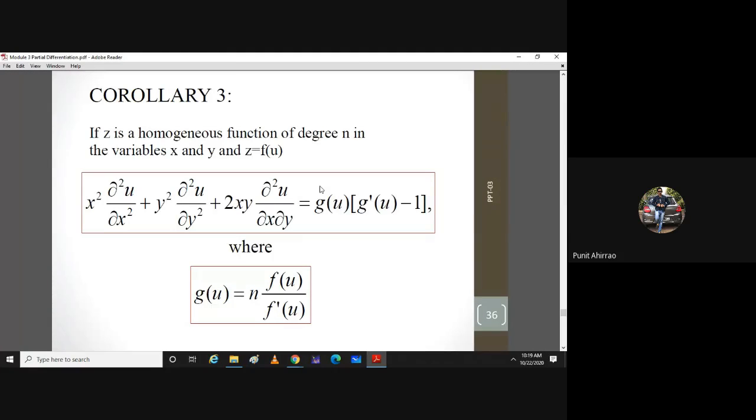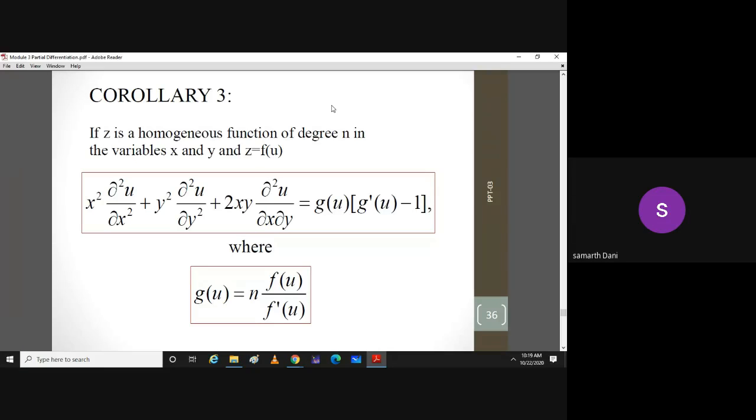So again, there are two things you need to check, whether u is homogeneous or not. Accordingly you are going to choose the corollary, corollary 1 or corollary 3. Are you getting my point? Yes, sir.